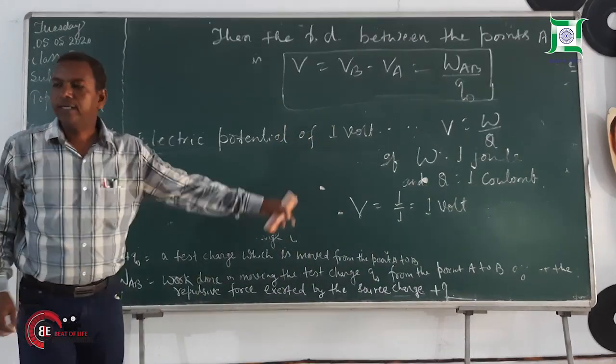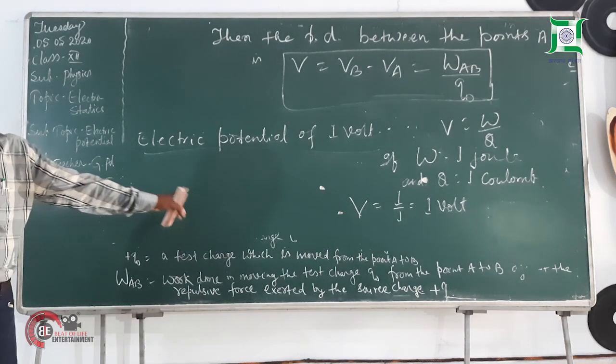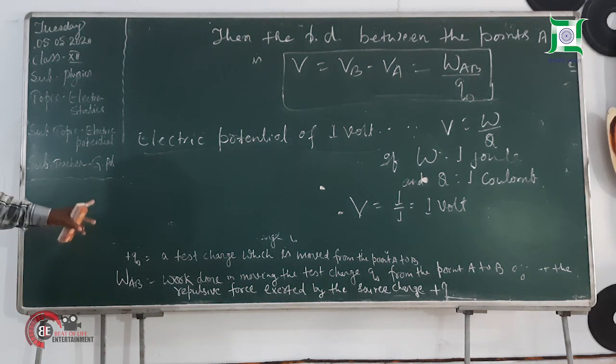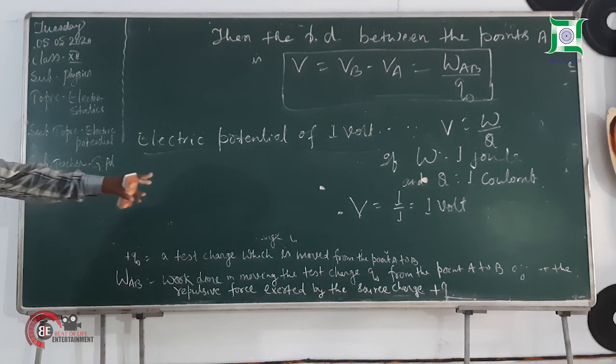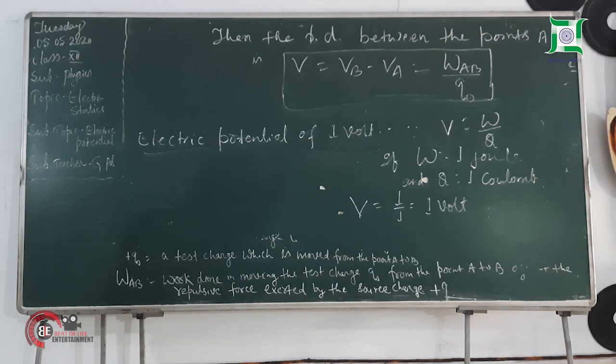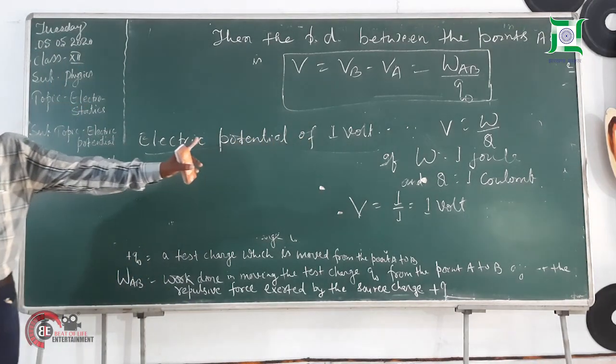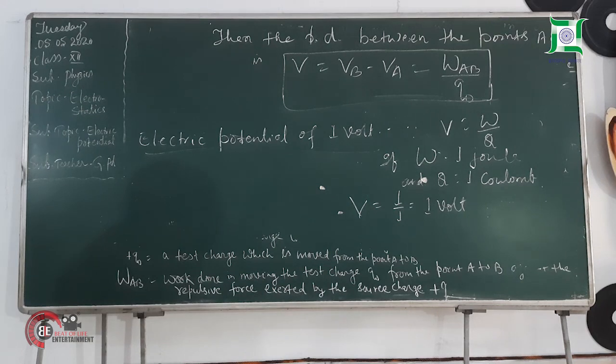Hence, in this way, 1 volt of electric potential is defined: the electric potential at a point in an electric field is said to be 1 volt if 1 joule of work has to be done in moving a positive charge of 1 coulomb from infinity to that point against the electrostatic forces.